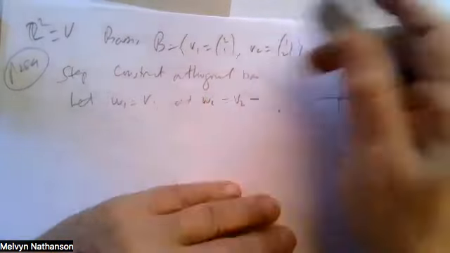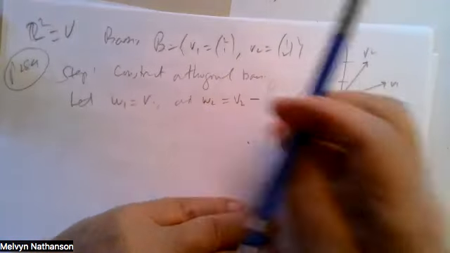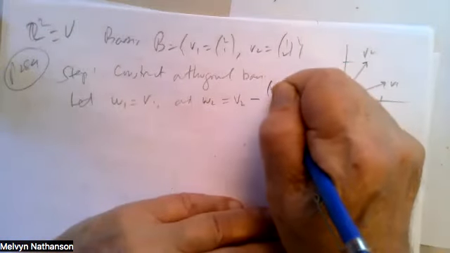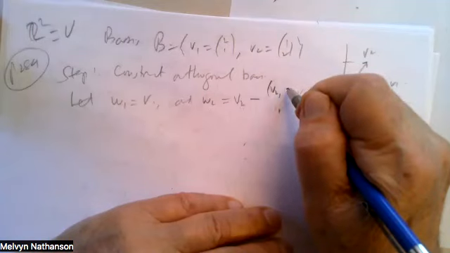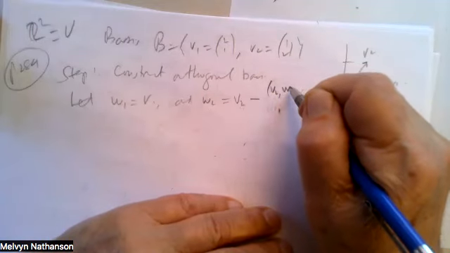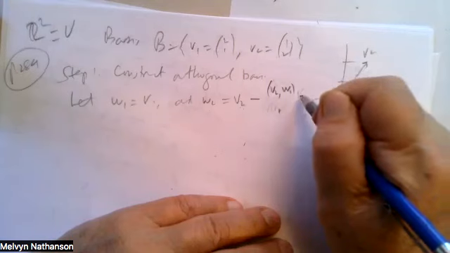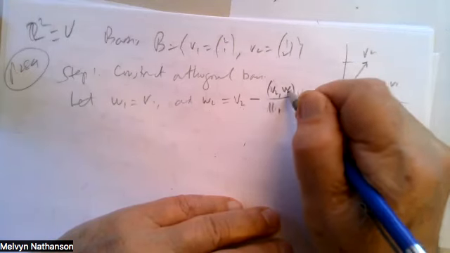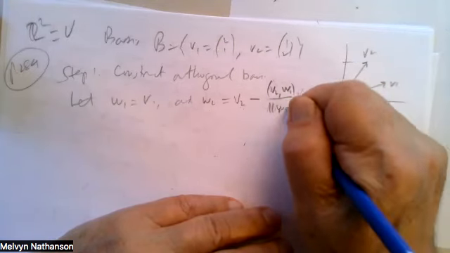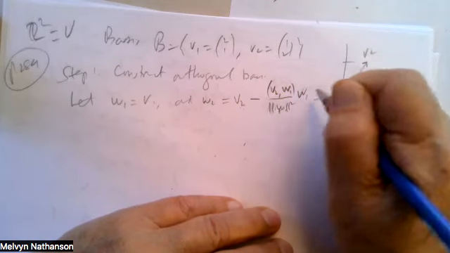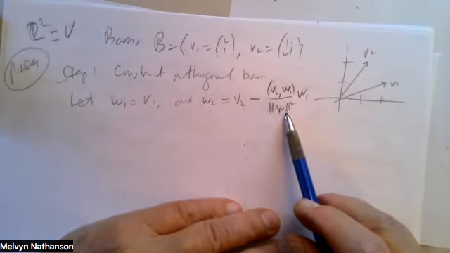It's V2 minus the component of V2 in the direction of W1. So that's the inner product of V2 with W1 over the length of W1 squared times W1.